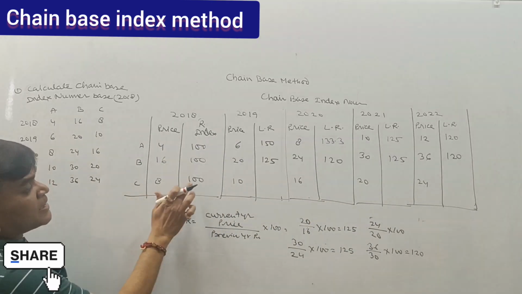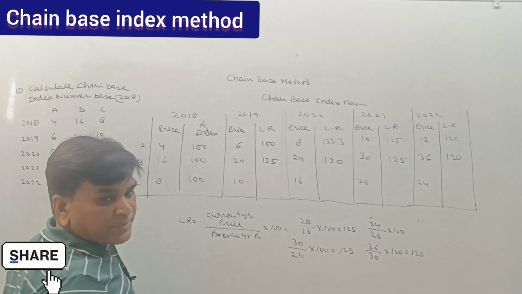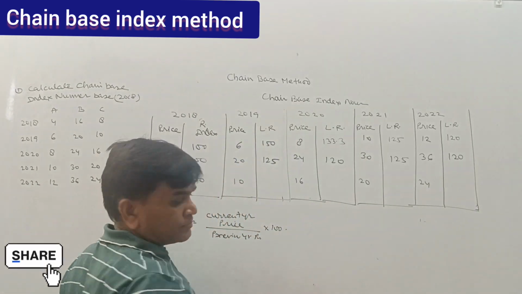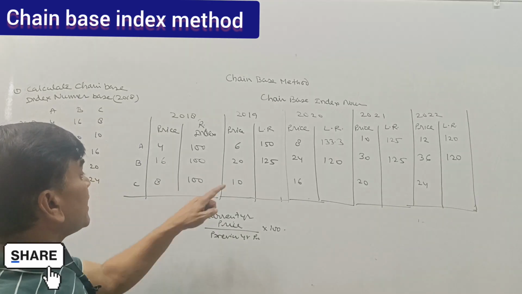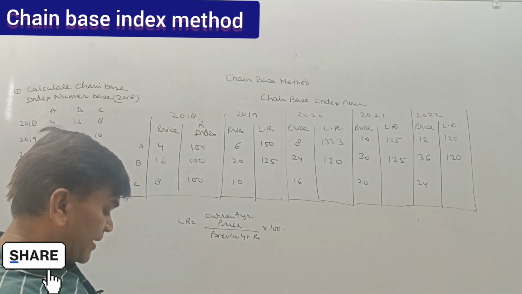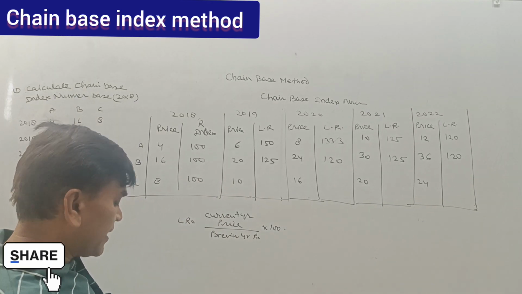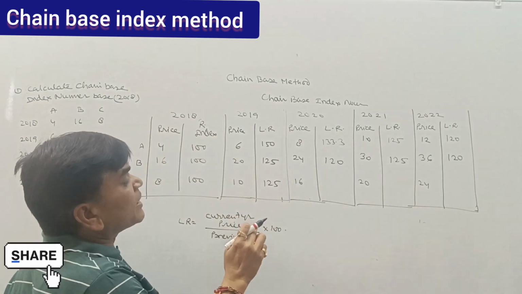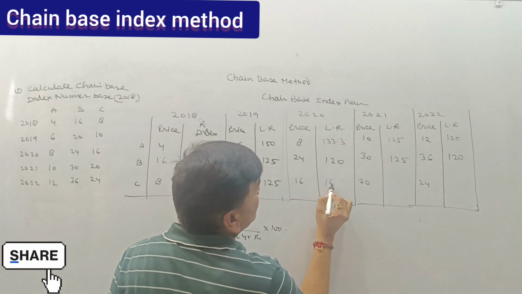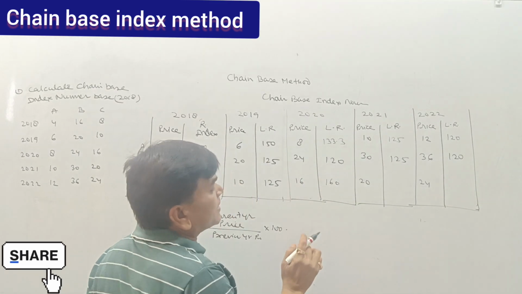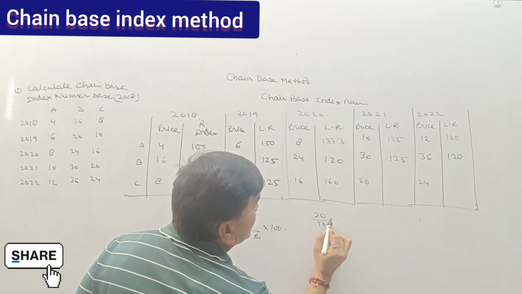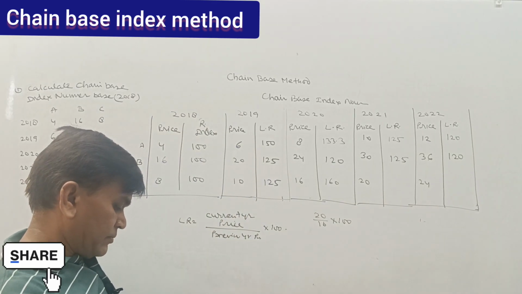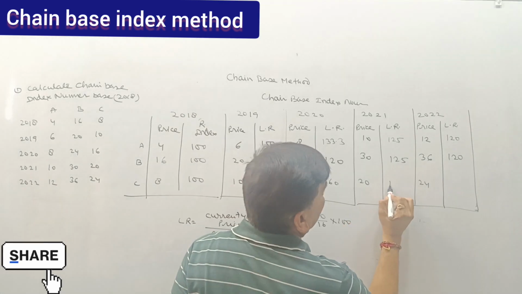Similarly for the third, 8 is treated as 100. So the first one, maybe you know how to calculate, so I am not writing here: 10 divided by 8 multiply by 100, that is 125. 16 divided by 10 multiply by 100, that is 160. 20 divided by 16 multiply by 100, that is 125.